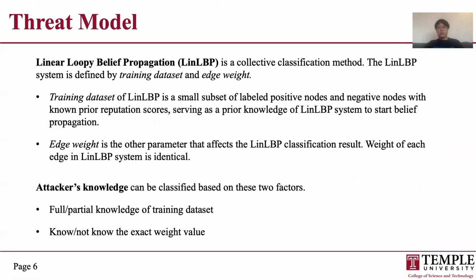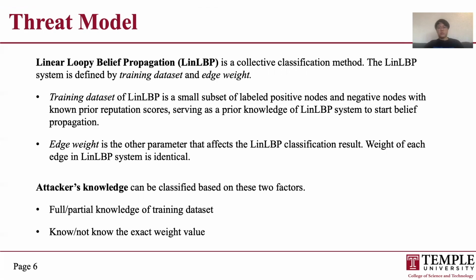In this paper, our attack targets a linear loopy belief propagation (LBP) classification system to launch the proposed fake node attack. The linear LBP is a collective classification method proposed by a group of researchers. It is defined by a chosen training dataset and the edge weight.